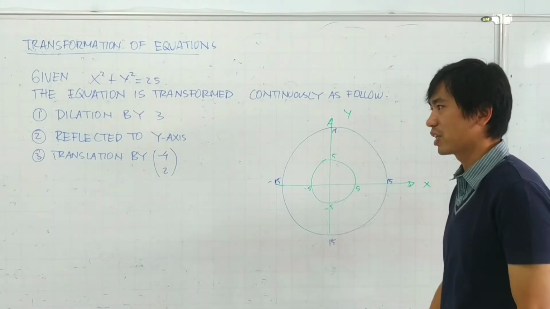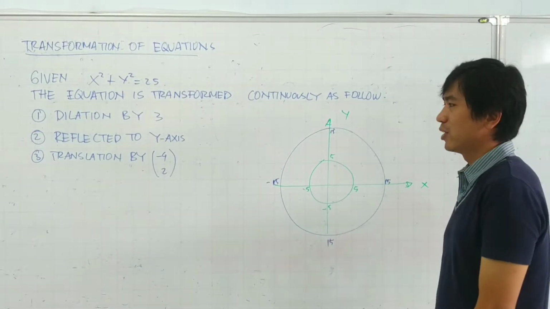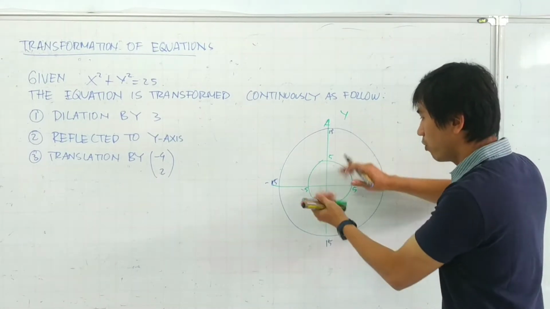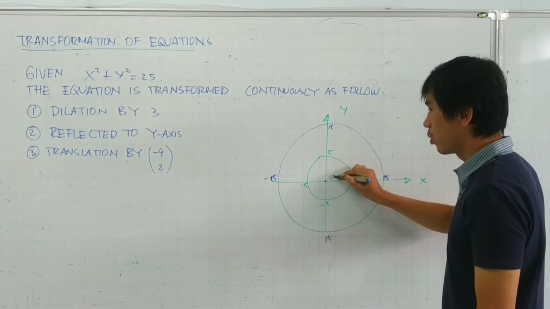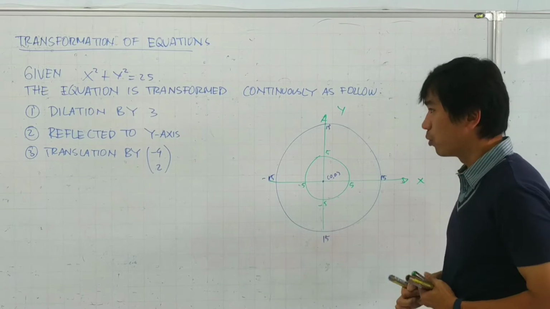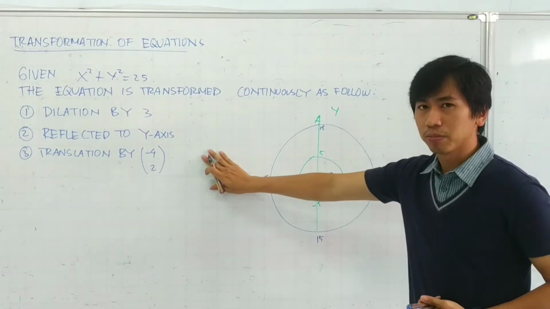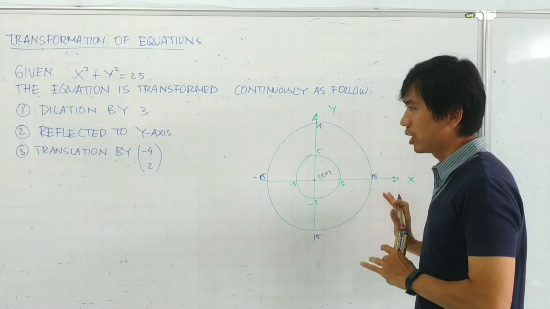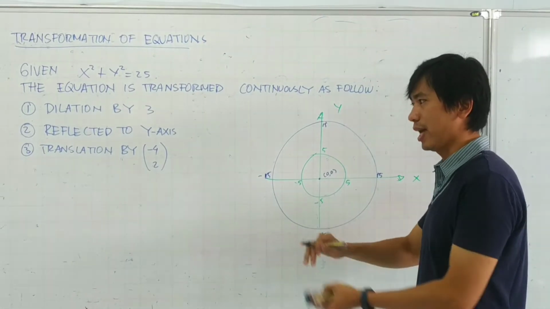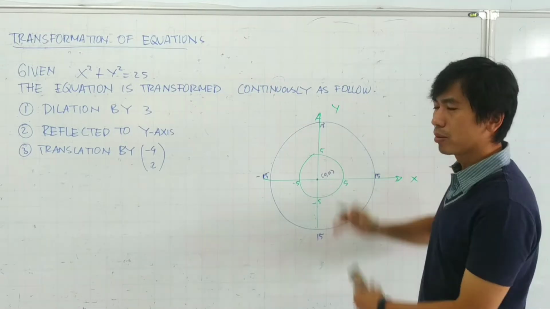And then you have the translations by -4 and 2. So it will move from the center of 0, 0, by -4. It means that it goes to the left by 4 units, and it goes upward 2 units.